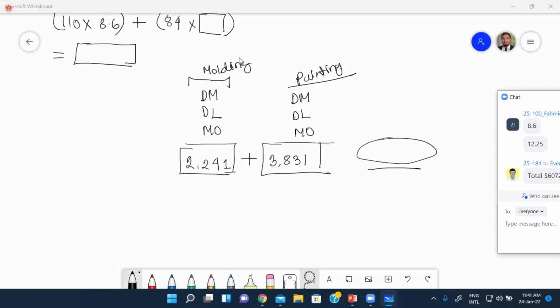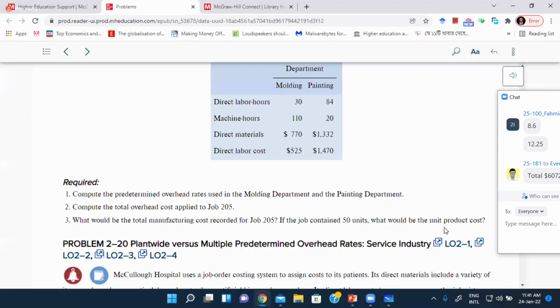And when we sum all of these numbers in this way, we get the total manufacturing cost for job 205. We see some good numbers coming, 6,072. Someone has already given this answer. Thank you, 6,072. And remember, the unit product cost needs the denominator. The denominator is the number of units which have been covered in the job. So we see the information is given, 50 units in the particular job.